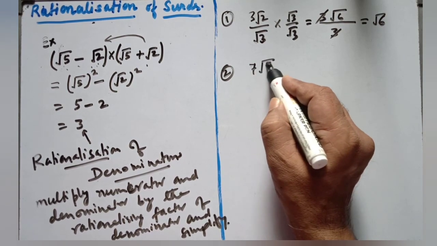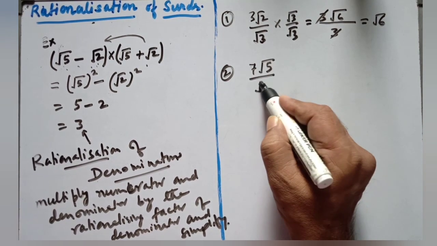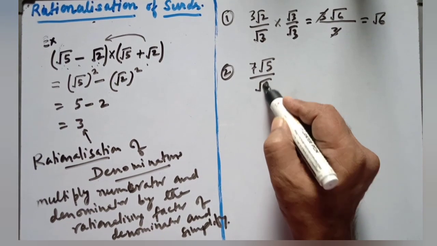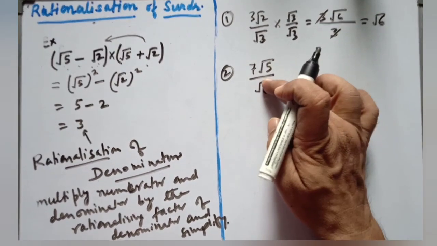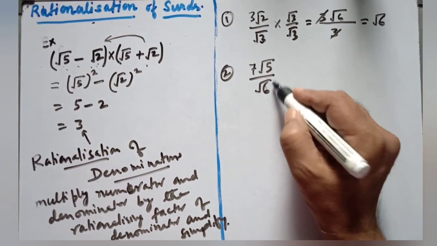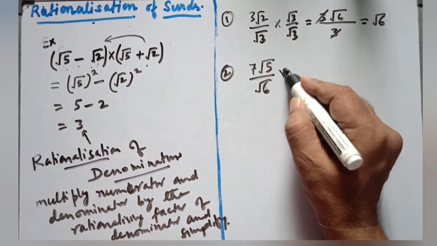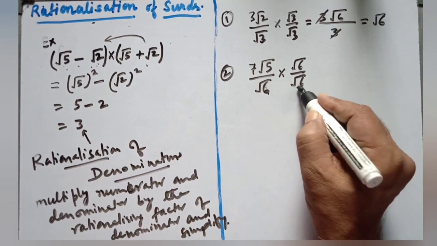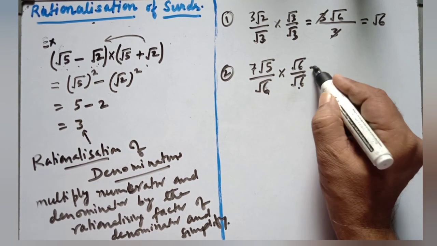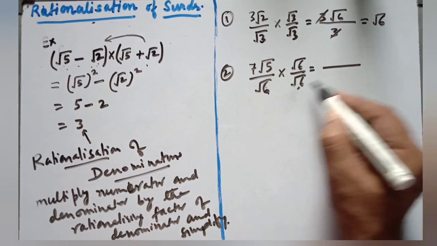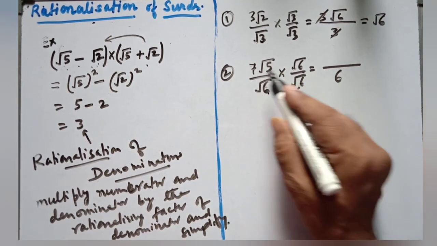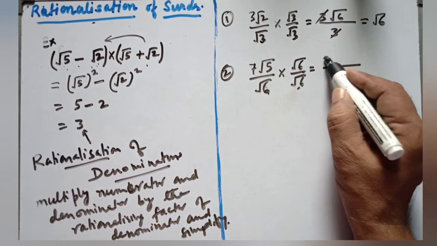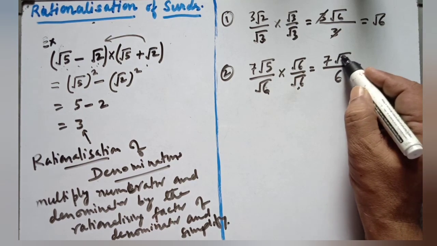One more example. If you have 7 root 5 by root 6. What is the rationalizing factor of root 6? Multiply both by root 6. Root 6 is the rationalizing factor of root 6. Now when you multiply, you get 6 as the denominator, and in the numerator you get 7 root 30.